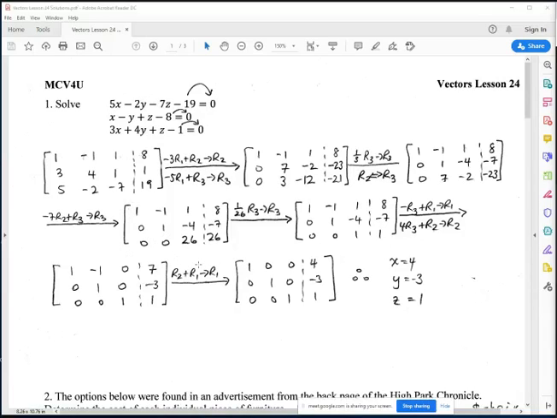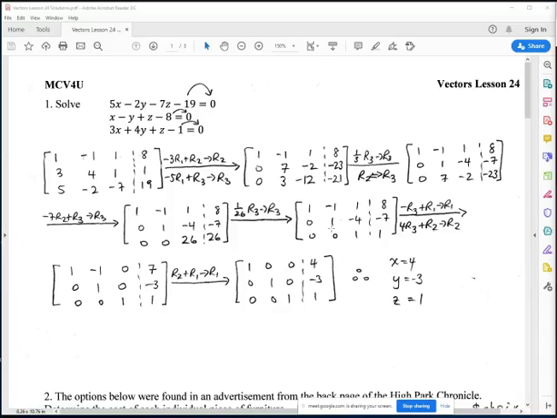The other thing that's important here is that this idea of reducing matrices isn't just useful when it comes to solving systems of equations. You're going to use matrices in other contexts, and being able to put a matrix in row reduced echelon form is going to tell you something about what you're working with.